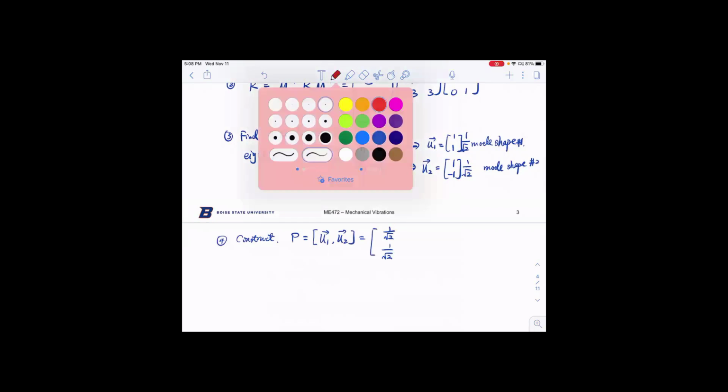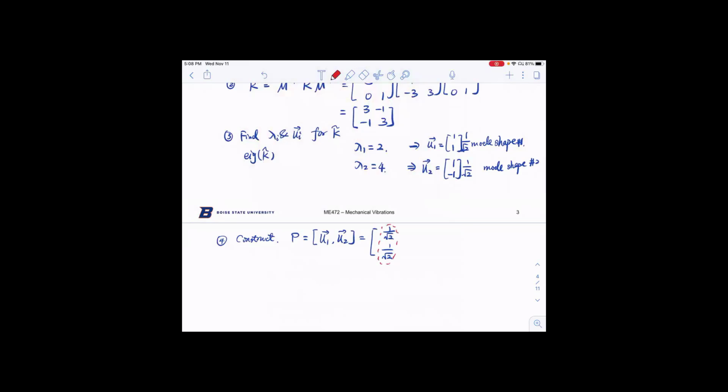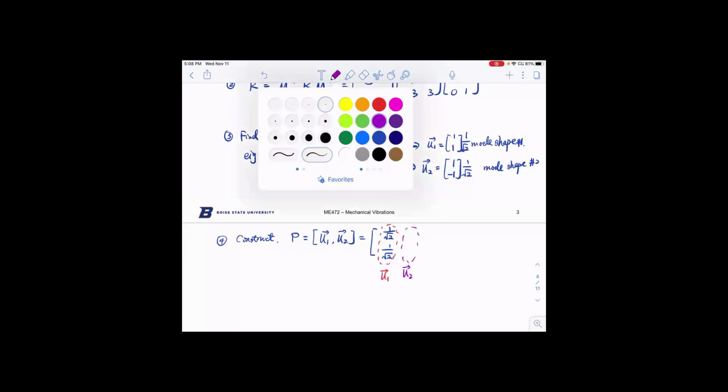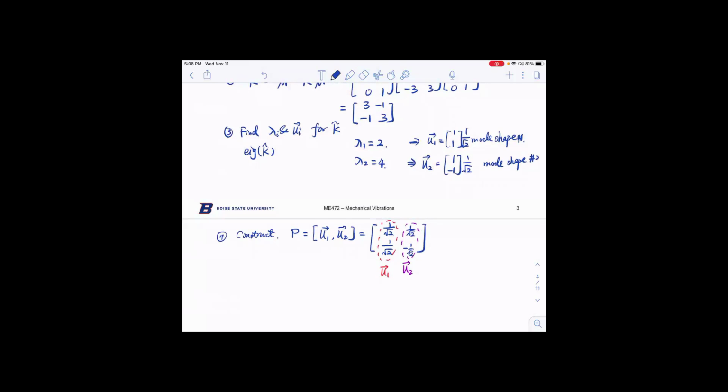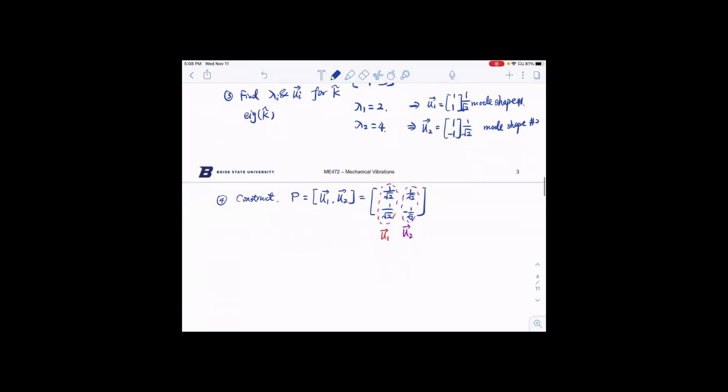As you can see here, the first column is U1, and then the second column will be U2. And then there's 1 over square root of 2, minus 1 over square root of 2. That's your P matrix.